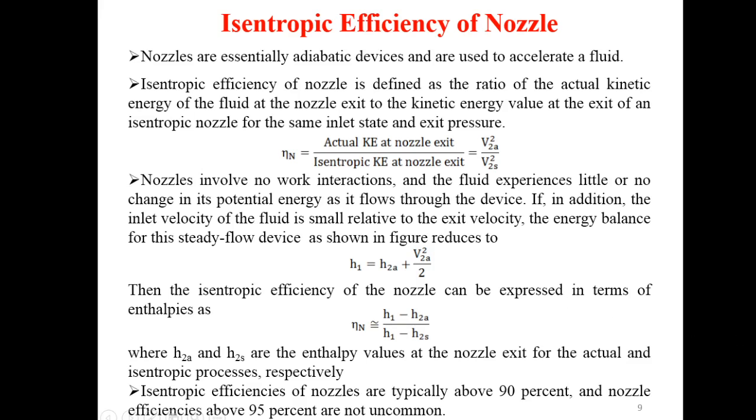Then the isentropic efficiency of the nozzle can be expressed in terms of enthalpy as nozzle efficiency approximately equal to (h1 minus h2a) divided by (h1 minus h2s), where h2a and h2s are the enthalpy values at the nozzle exit for the actual and isentropic processes respectively.